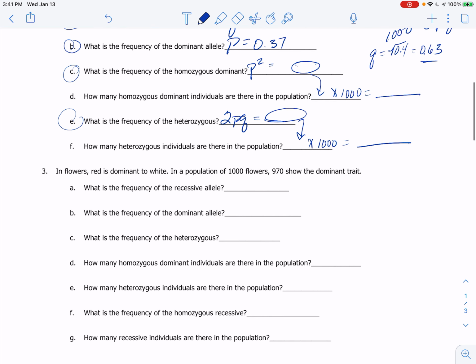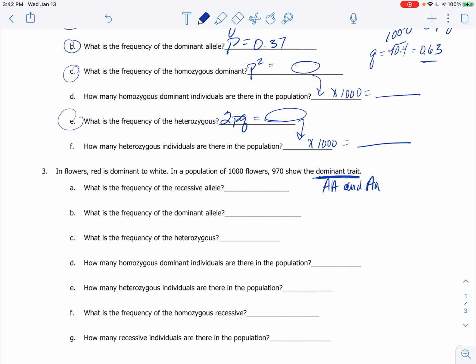And I am going to get you started on number 3. All right, so in flowers, red is dominant to white. In a population of 1,000 flowers, 970 show the dominant trait. So guys, remember that dominant trait, we cannot start with that because that's going to have big A, and big A, little a. So it's a combination of dominant and recessive alleles.